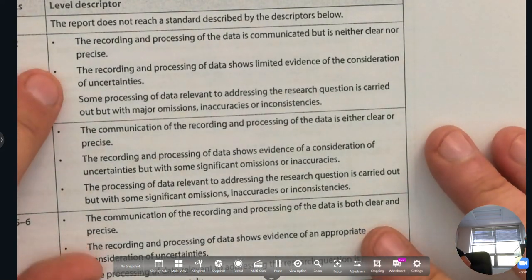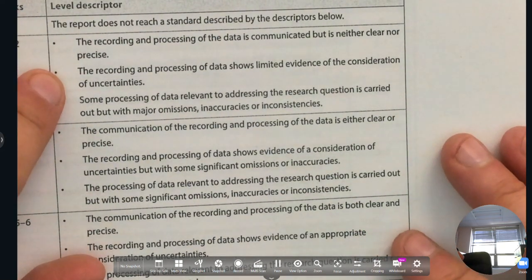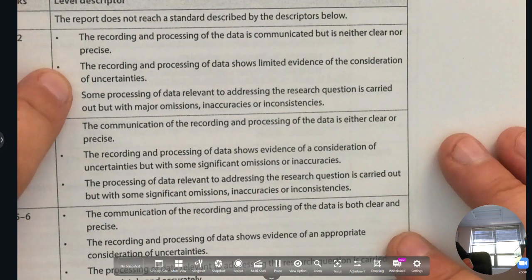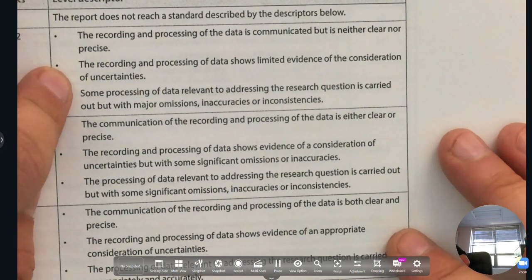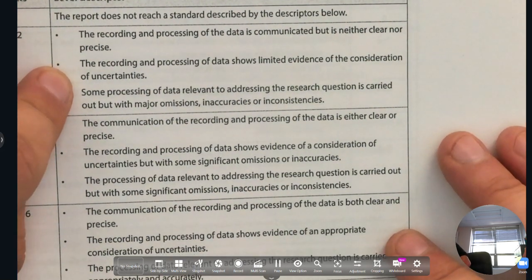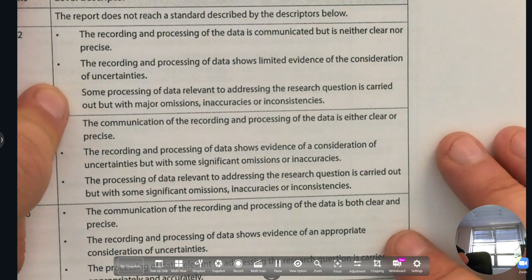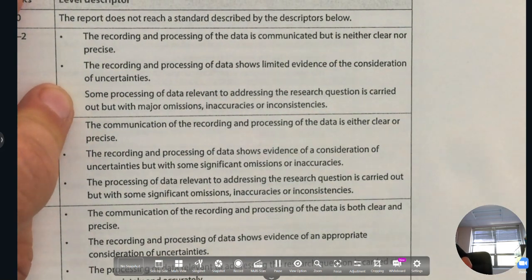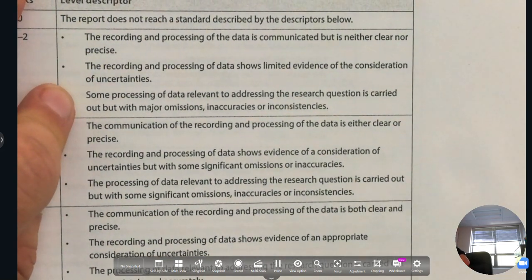All right, next bullet. The recording and processing of data shows limited evidence of the consideration of uncertainties. Ooh, that's what we did on day 1 on August 19th, right? You have to record the uncertainty for each device, and you have to propagate error when necessary. During Seahawk seminars, because it's IA time, I'm going to finish that lesson from the first day, and then we're just going to make dummy experiments.